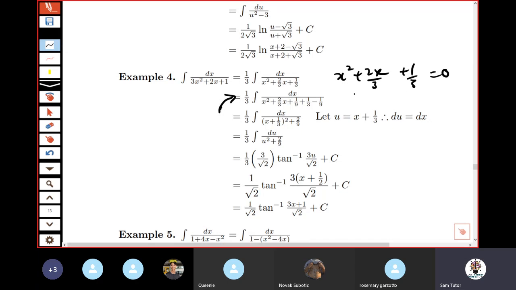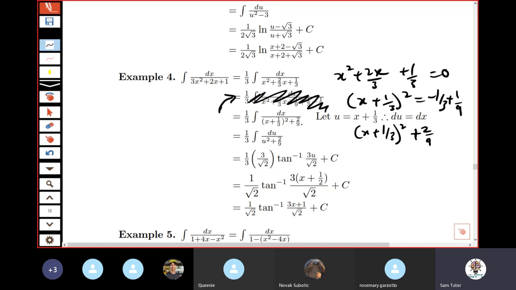Bring a third over to the other side. So you're going to have x plus a third squared equals negative a third plus half of 2 over 3, which is 1 over 3, squared on this side, 1 over 9. Bring it all to one side, that becomes negative 2 over 9, so x plus a third squared plus 2 over 9. So realistically, you should have gone from this line, I'm guessing you would have skipped that, to this line. And then once you're at this line, you don't need to make it a U sub.